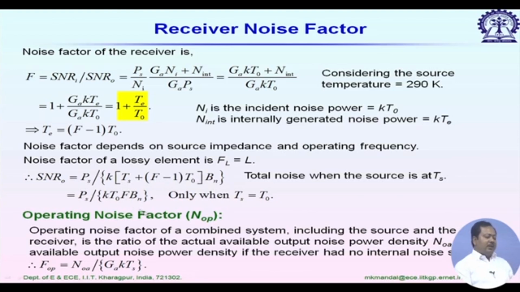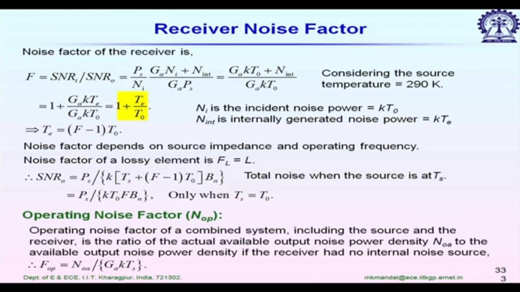So, considering a scenario like that, we can define a parameter which we call the operating noise factor, F OP. How do we do it? The operating noise factor of a combined system including the source and the receiver is the ratio of the actual available output noise power density, which is given by NOA, to the available output noise power density if the receiver had no internal noise source.